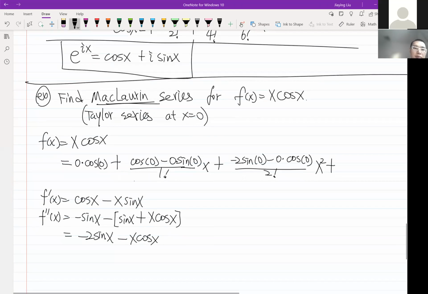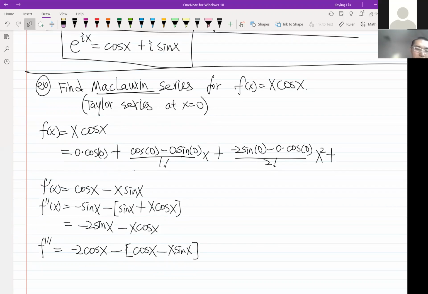And then I'm going to do one more term, then I'm going to stop in this series. So for the next term we take the derivative again. Negative 2 sine becomes negative 2 cosine x, minus the derivative of x cosine x, which is cosine x minus x sine x.